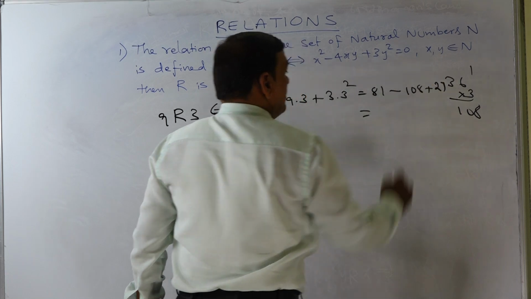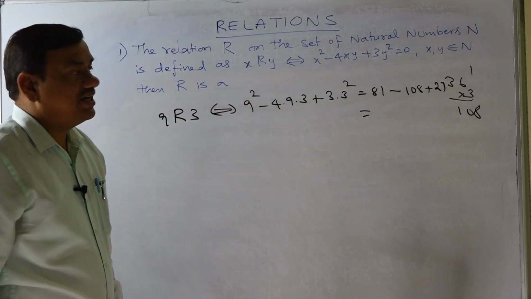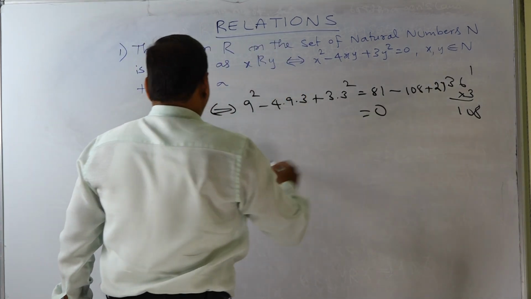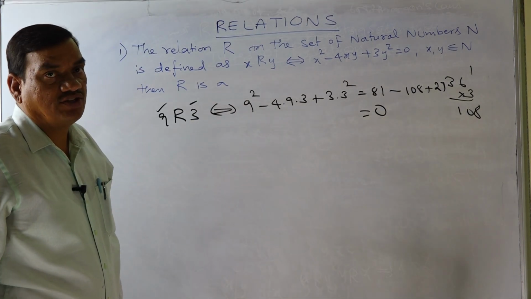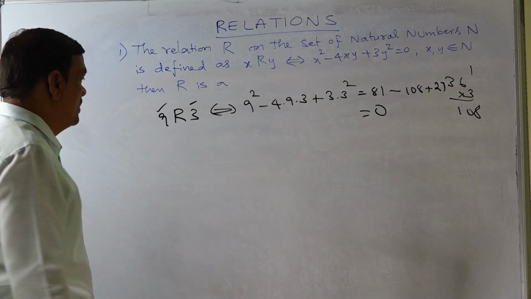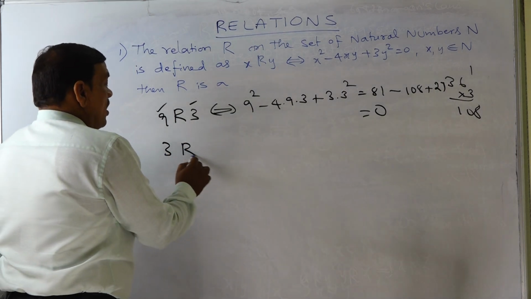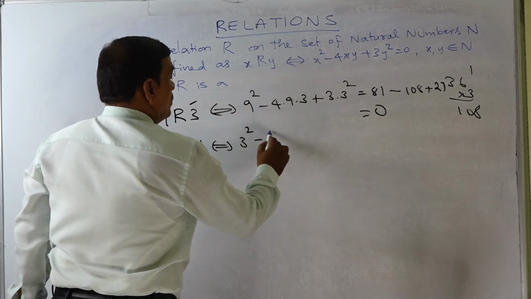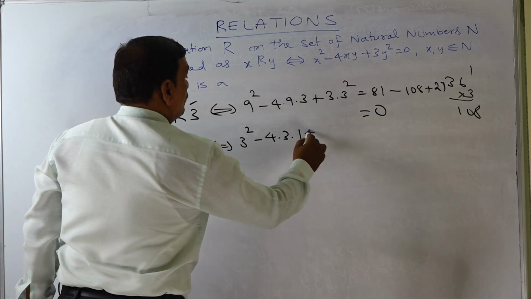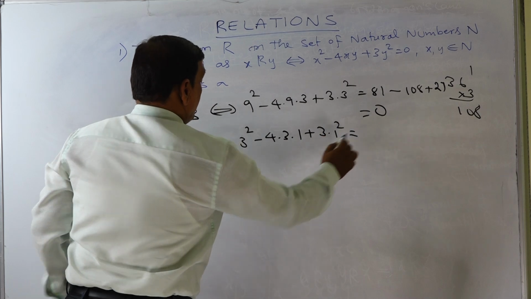So 81 plus 27 is 108, and 108 minus 108 is 0. Therefore, (9, 3) belongs to N cross N. Let us check 3 related to 1, that is 3 square minus 4 into 3 into 1 plus 3 into 1 square.